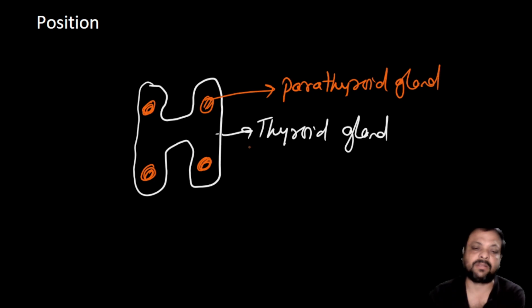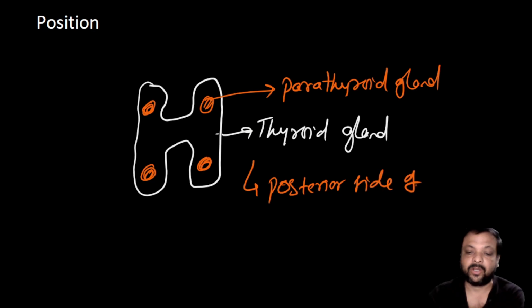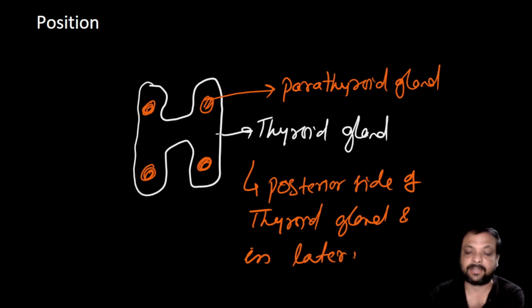These parathyroid glands are present normally in the posterior side of the thyroid gland, in the lateral side, in the lateral end. Suppose this is the thyroid gland.